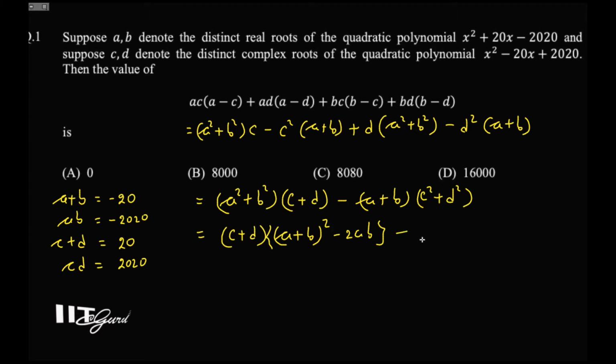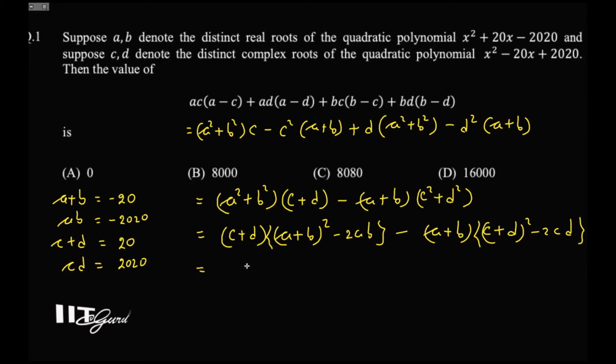And similarly, for C square plus D square also, in a similar way, C plus D whole square minus 2CD. I'll put this in bracket.